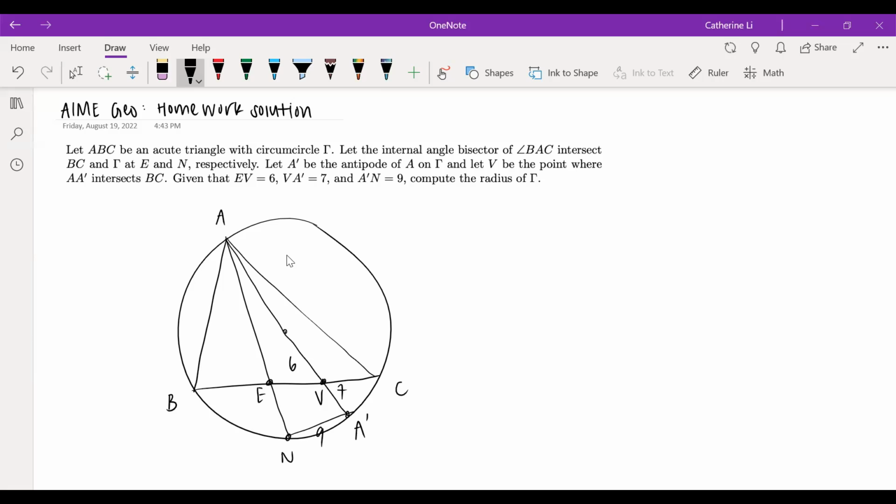So first, the key idea of this problem is actually to drop an altitude from A. And one of the things that might motivate this is if we look at this altitude, we're given that AN is an angle bisector, so angle BAN equals angle CAN.